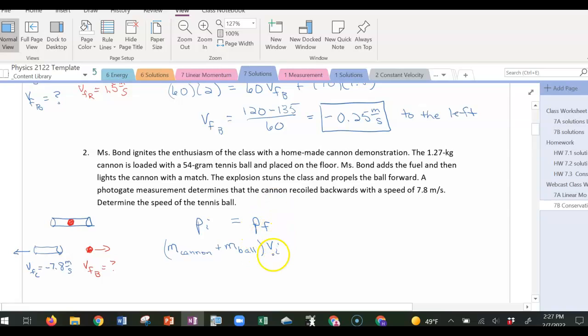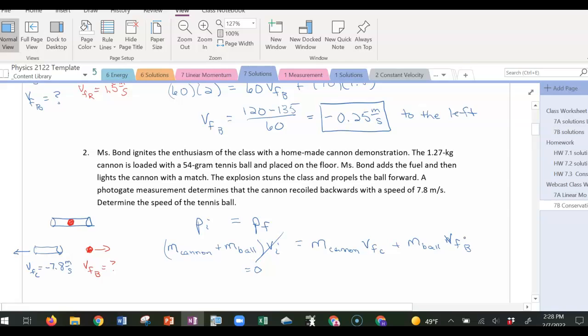So the initial momentum was 0, but that should equal the mass of the cannon times the final velocity of the cannon plus the mass of the tennis ball times the final velocity of the tennis ball.